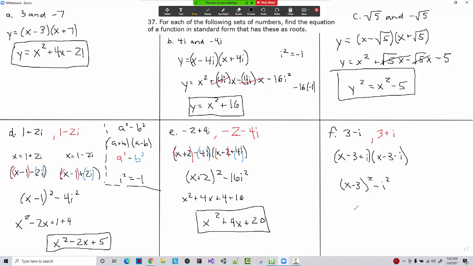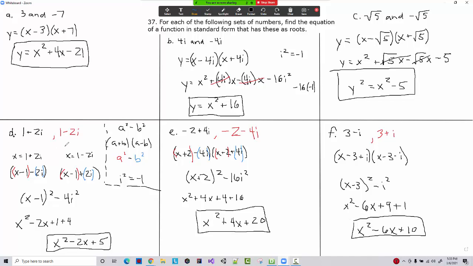And so this is x squared minus 6x plus 9. That's what x minus 3 gives us. And then we have minus i squared. Well, that's minus a negative 1, so that's plus 1. So we have x squared minus 6x plus 10 is our polynomial.